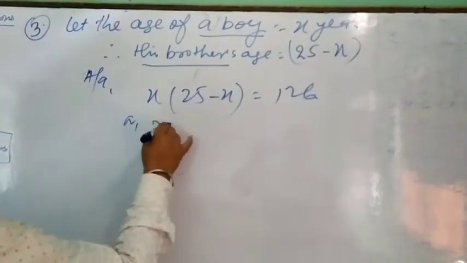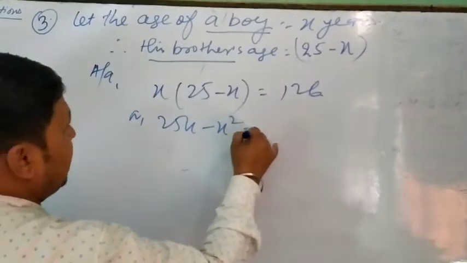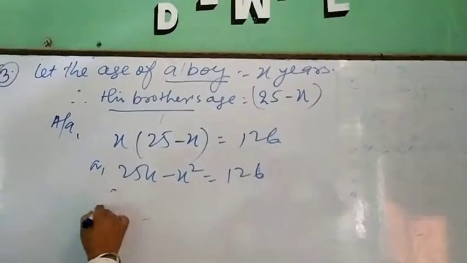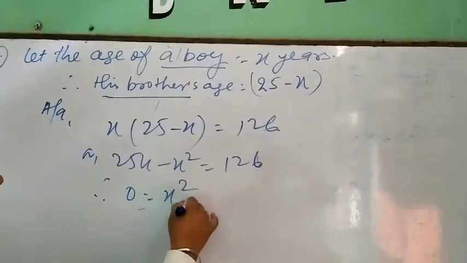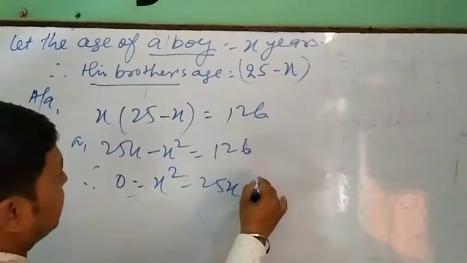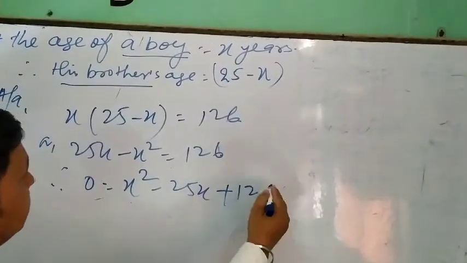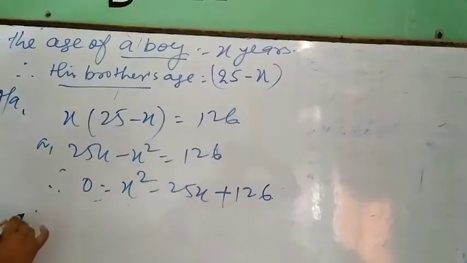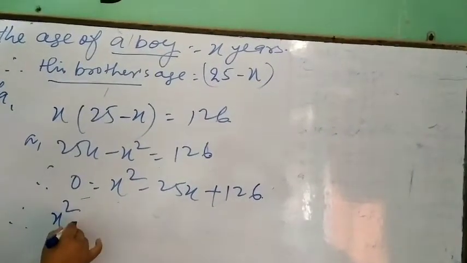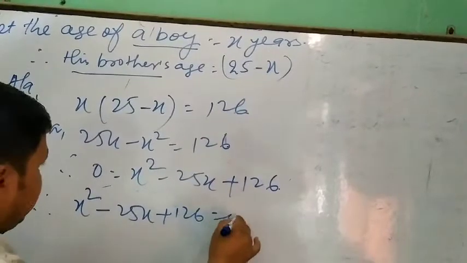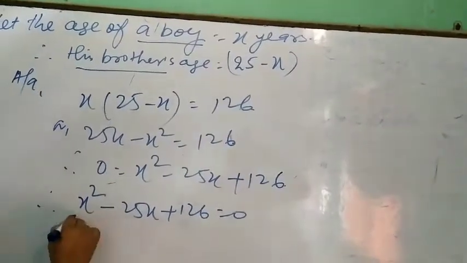It is written as 25x minus x square equal to 126. So 0 equal to x square minus 25x plus 126. So it should be written as x square minus 25x plus 126 equal to 0. This is the quadratic equation.